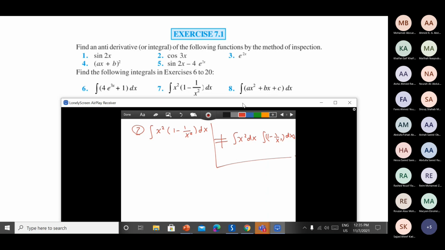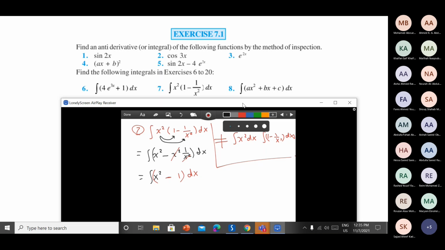So what I'm supposed to do, I multiply this one inside first, right? And then I will do the integration. x squared times 1 is x squared minus x squared times 1 over x squared dx. Now, this x squared and this one will be cancelled to each other. So minus 1 dx.